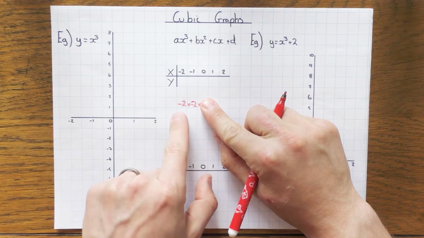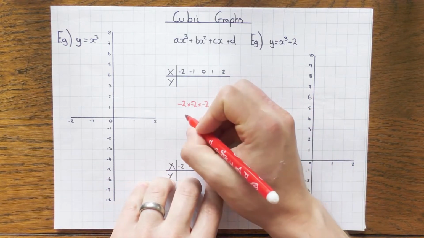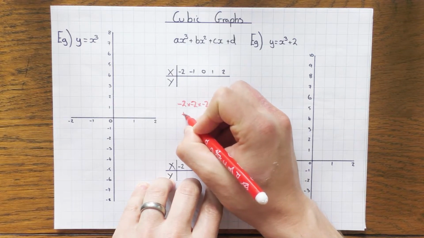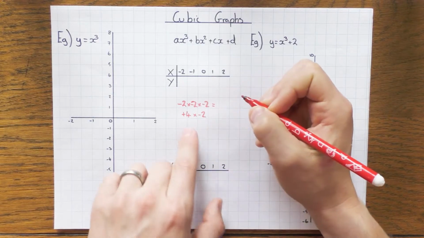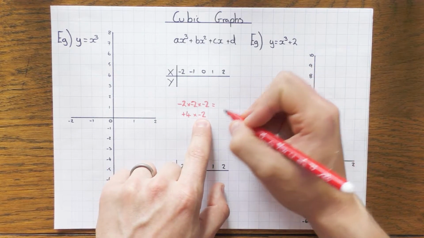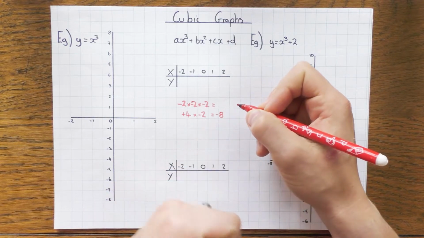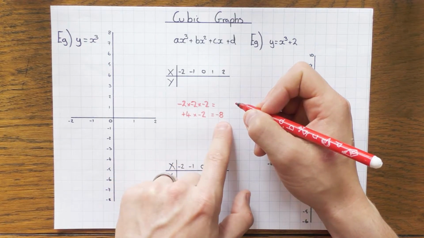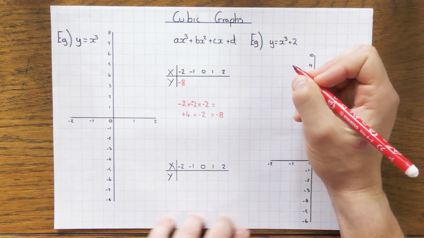If I just look at the first bit, -2 times -2, so a minus times a minus is a positive, which will give me +4 times -2, and then obviously a positive times a negative will give me a negative, which will then end up with -8. So -2 times -2 times -2 is -8. So just be a little bit careful of your negatives.